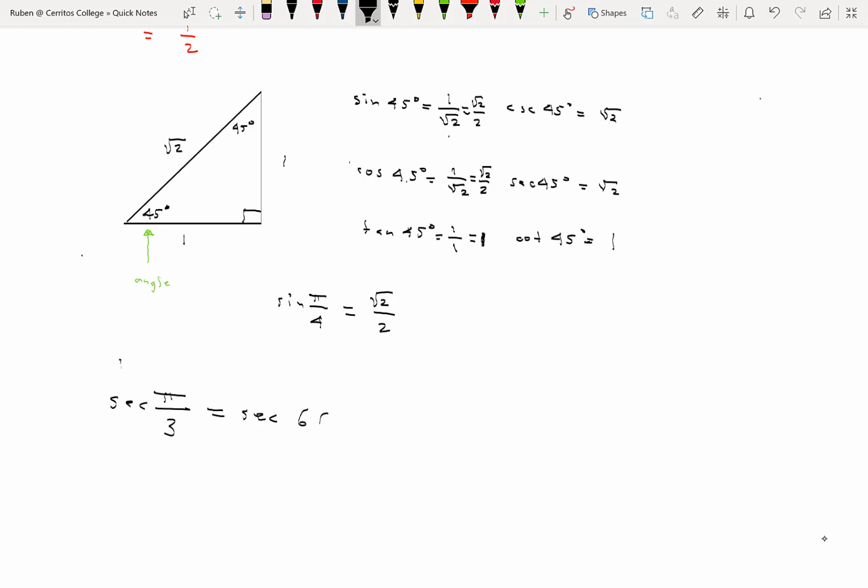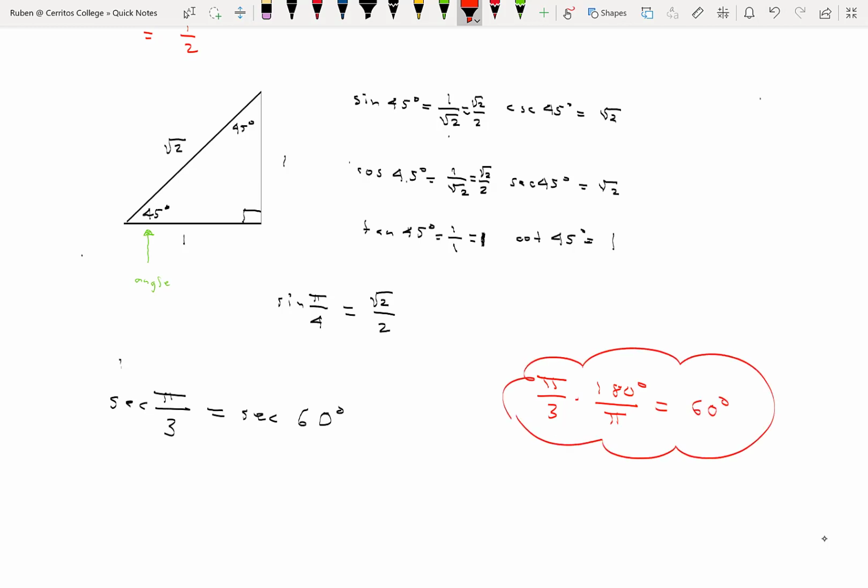Pi over 3 is 60 degrees. Just as a really quick reminder, if you don't remember that, you multiply pi over 3 by 180 degrees over pi, and you get 60 degrees. So this is a brief reminder in case you didn't remember that pi over 3 was 60 degrees.